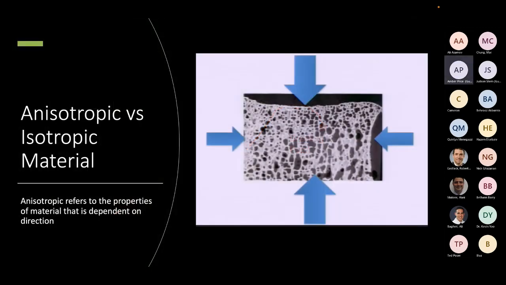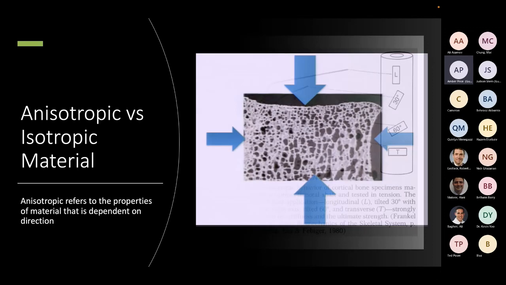The other concept to understand is anisotropic versus isotropic materials. So this is basically that different materials will have different material properties based on the direction that the force acts on them. And bone is a classic example of an anisotropic material.